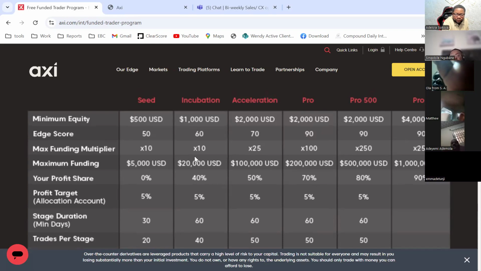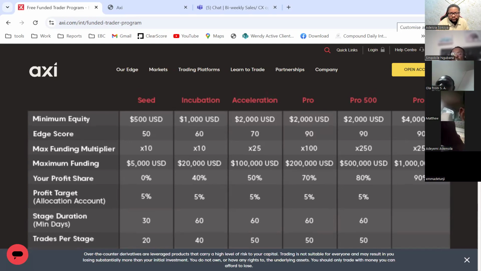My focus now is just to move through all these stages and qualify until I get to the Pro M. The minimum equity is already covered for all the stages. That's allowed, but you won't be allowed to skip a stage. So even if you can fund with $2,000, you're not going to start on acceleration or Pro M. You're still going to start on the seed stage.